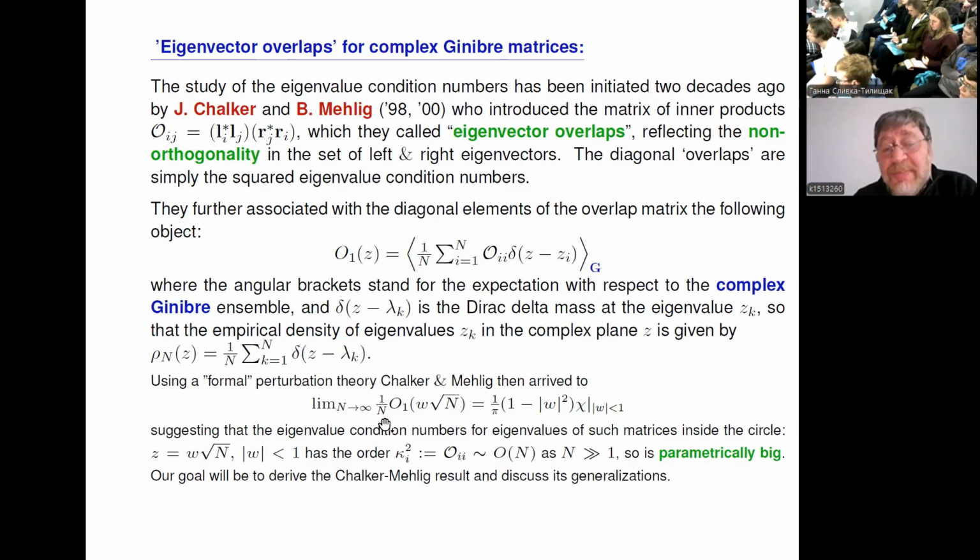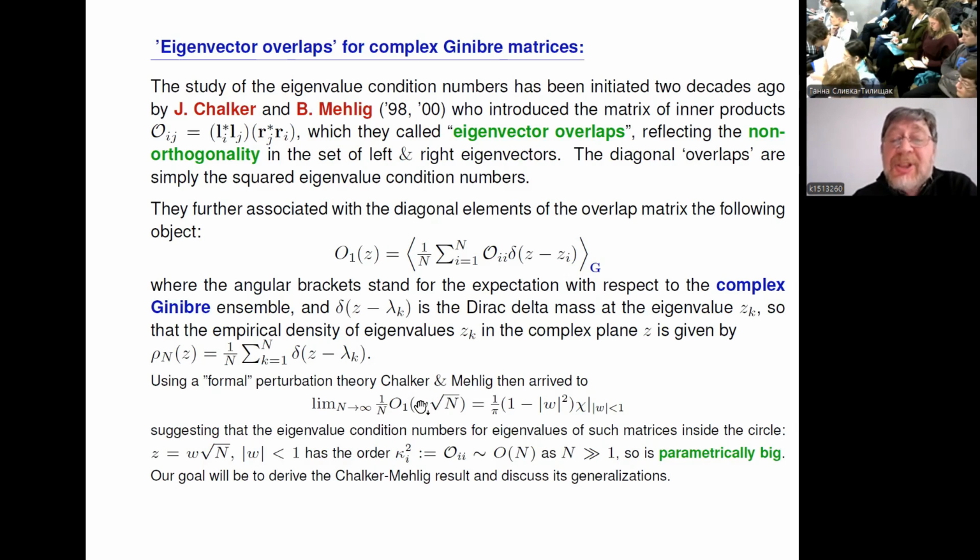We remember that typically eigenvalues are situated within a disk of radius square root of n, so it makes sense to write z as w times square root of n and consider w of order of unity.